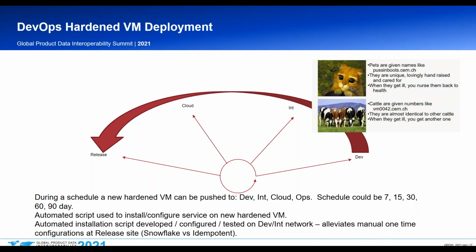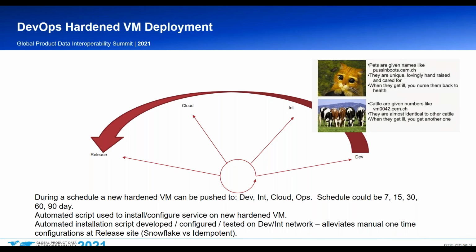And this is the snowflake versus the idempotency. Looking at the picture on the top right, so our pets, when they get ill, you have to do some work to fix them, which would be the snowflake configuration. If a virtual machine or container goes down, someone has to go out there and look at it and perform the work to fix it.